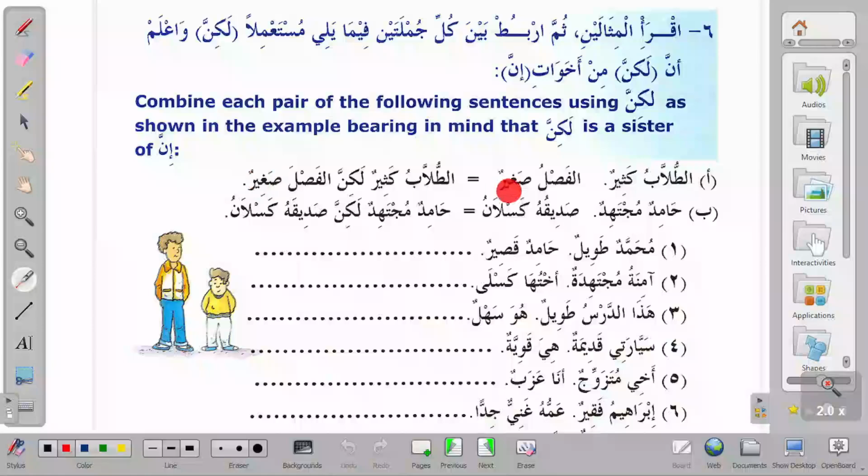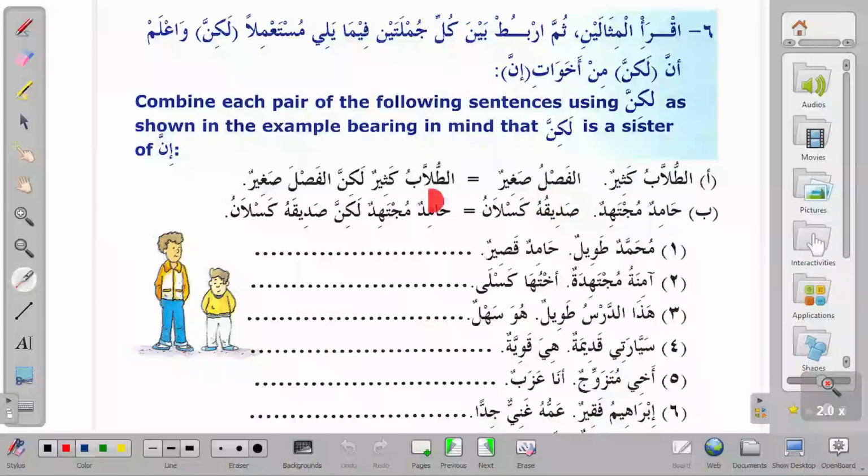So let's continue. The second one is Hamidun mujtahidun. Hamid is hardworking. And the second statement is sadiquhu keslanu. His friend is lazy. So Hamid is hardworking, but he has a lazy friend. In joining them, Hamidun mujtahidun, lakinna sadiqahu, not sadiquhu.